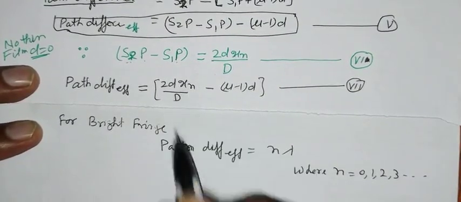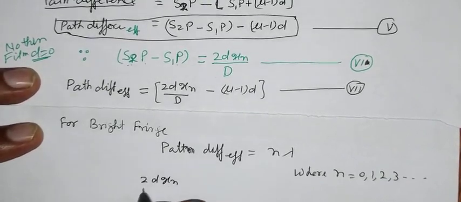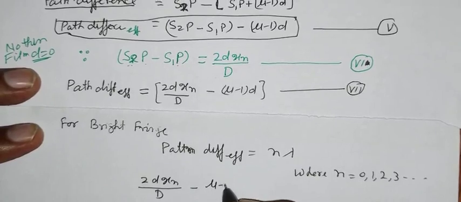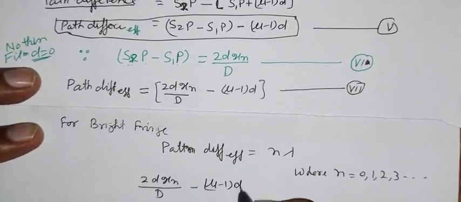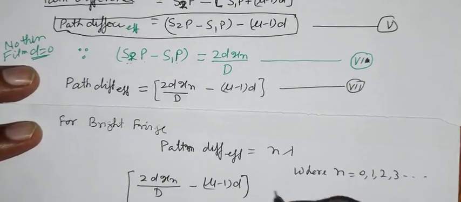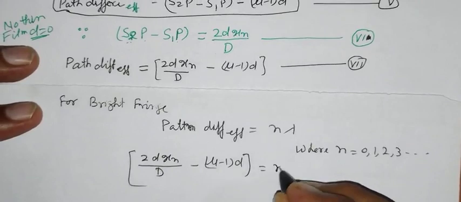In that condition, the path difference 2d xn by capital D minus (mu minus 1) into small d is equal to n lambda.